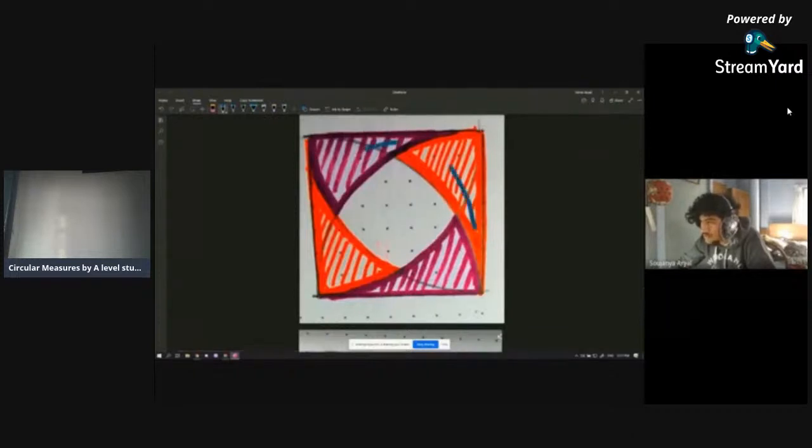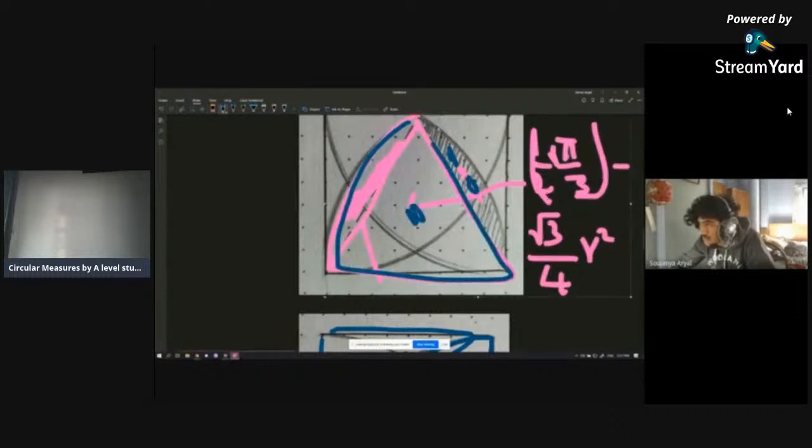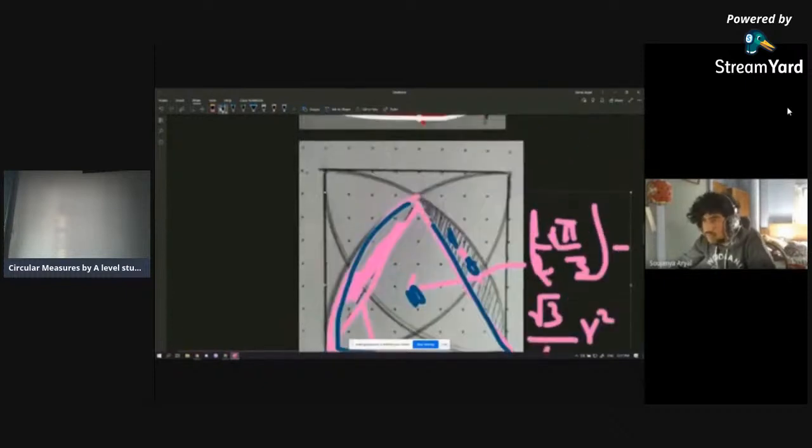So this two, this two, this two, and this two, right? So now since we have the area of this small portion and this sector, if we add this area, we'll find the area of this entire portion.